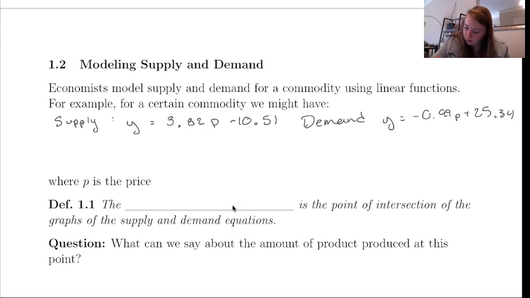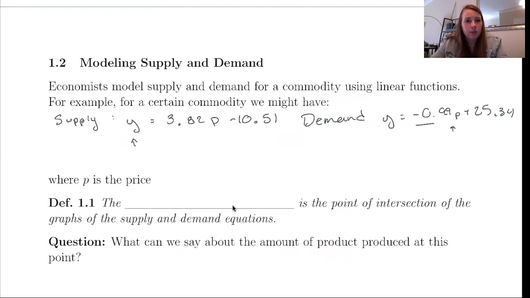And Y is like the number that we're selling, right? So if my price goes up, this is a negative slope. So I'm going down. My demand goes down. People are like, oh, I don't know if I really want it for that much. And then when price is increasing, you would also expect the supply to increase and stuff like that, right?